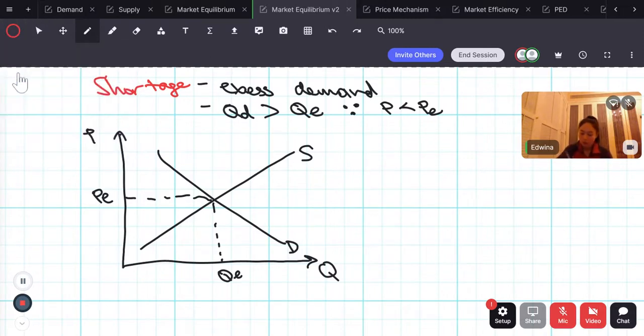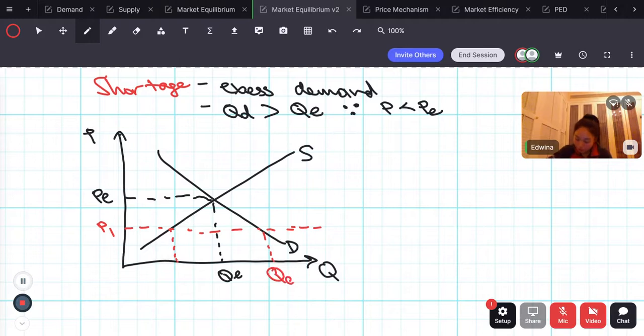And so when there's a shortage, it's because price is lower than equilibrium price. And since we know the cause of this, we can start off by drawing a line right here indicating it's P1. And so we extend that further and see where it intersects D and where it intersects the S curve. And so that's where the quantity demanded is, and that's where the quantity supplied is.